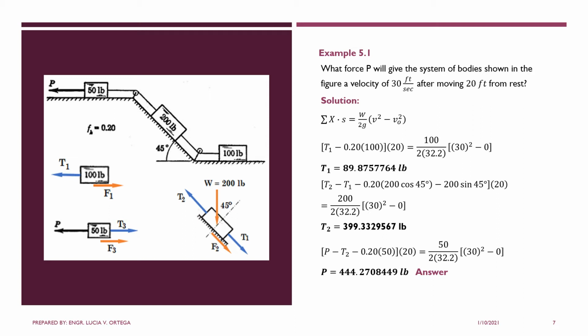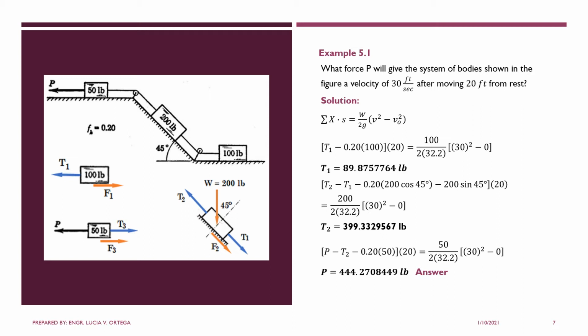Coefficient of kinetic friction times the normal reaction. The normal reaction is equal to the weight of the block. Okay, that is the net force times distance 20 is equal to W over 2g times the quantity, the square of the final velocity minus the initial velocity, which is 0 since it starts from rest. So in here we can solve for T sub 1.